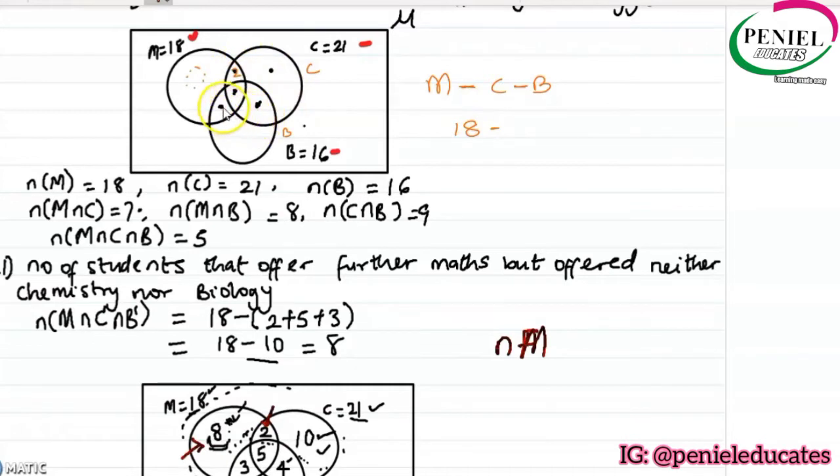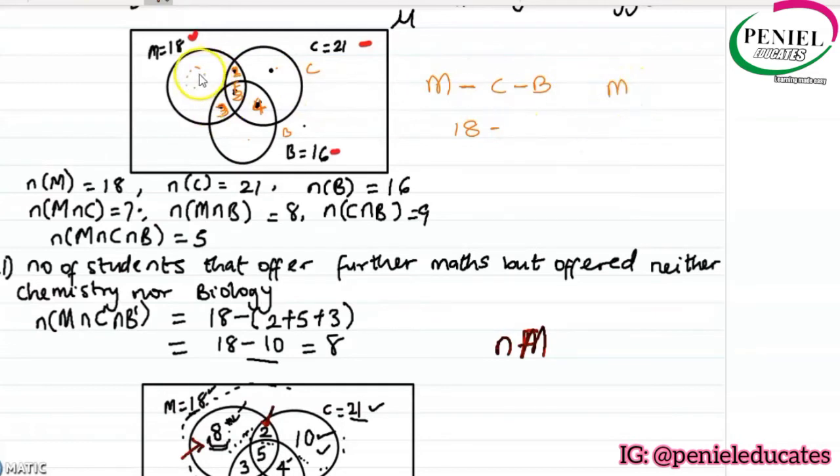This one is 3, this one is 5, and we have 4 here. So if you already know the intersects that are here, 2, 5, 3, you might not need to go this route, but that's the best way to describe that.